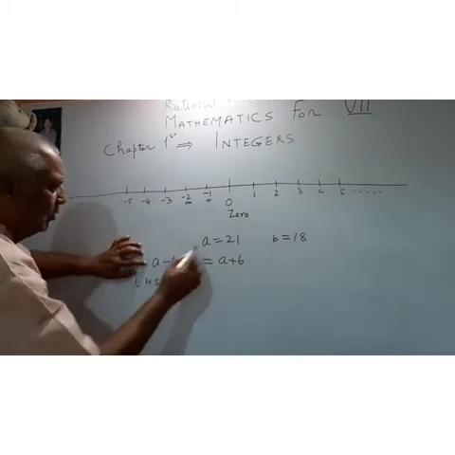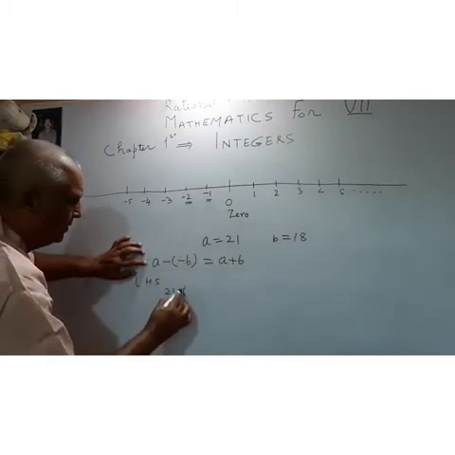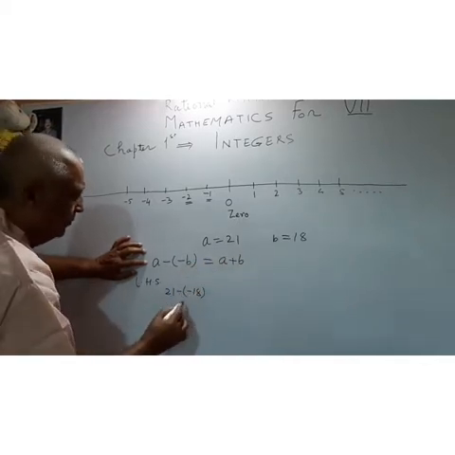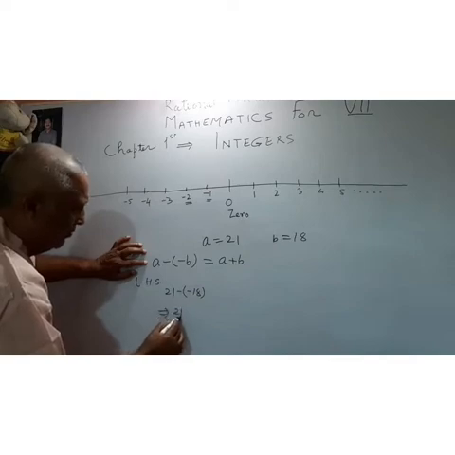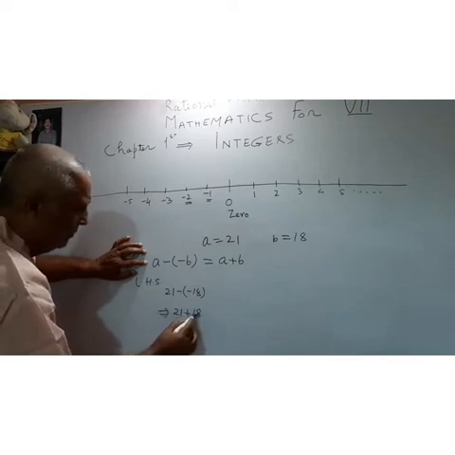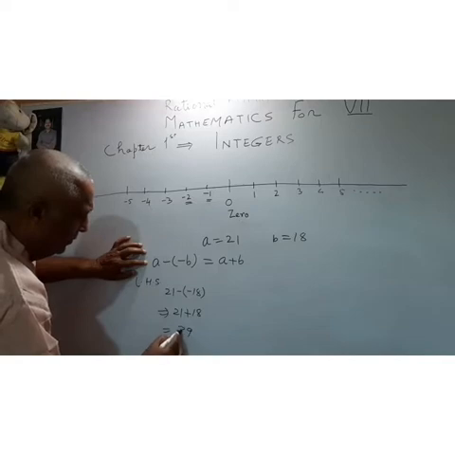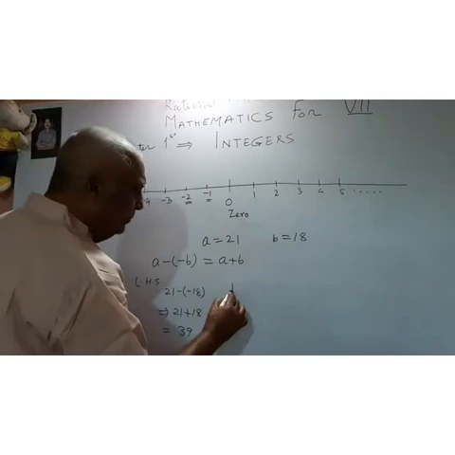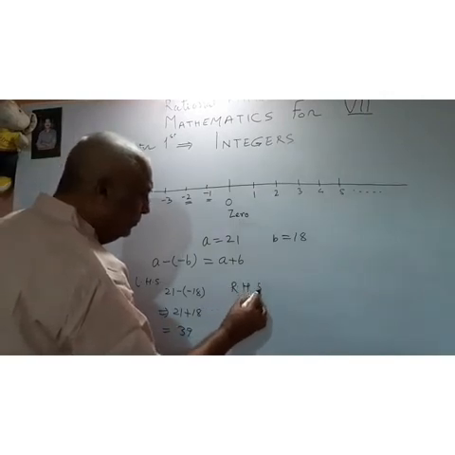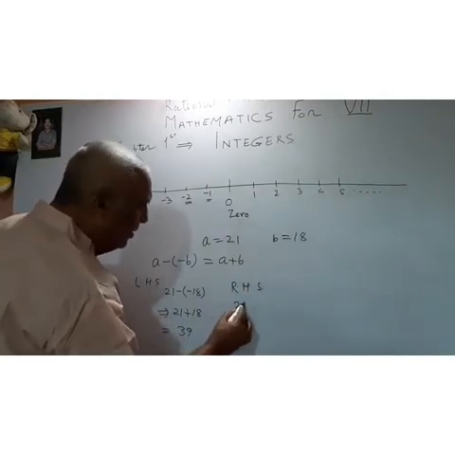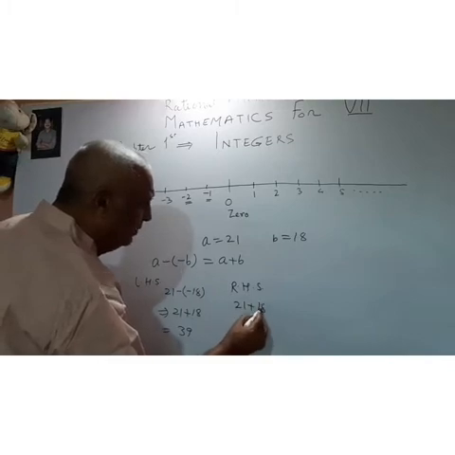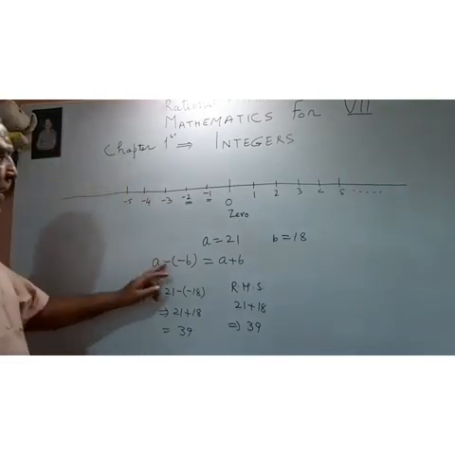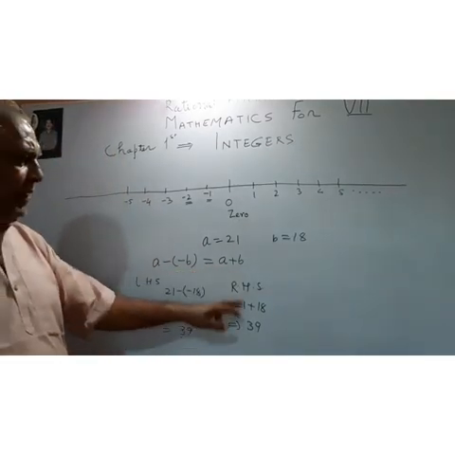A is equal to 21 minus B is equal to 18 minus 18. This is equal to how much? 21 plus 18, that is equal to 39. Now you come to right hand side. A is equal to 21 and B is equal to 18. This is equal to 39. So A minus B is equal to A plus B.